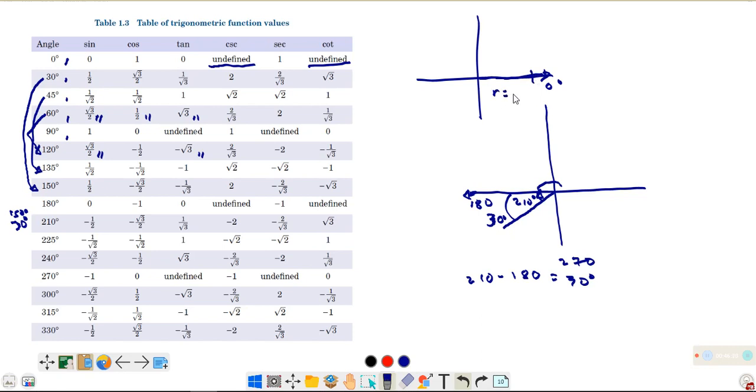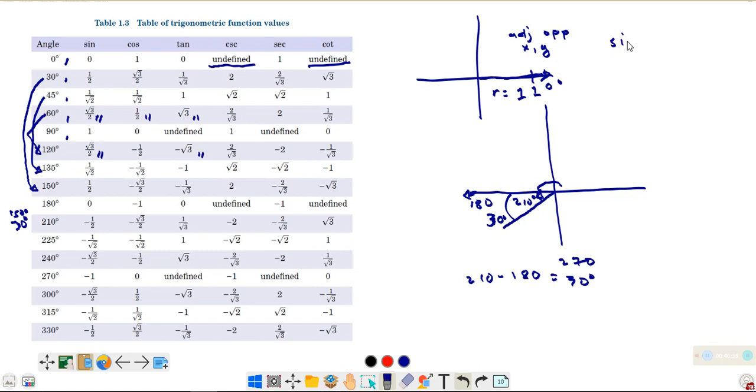If we are going to assume that your radius is equal to 1, then, magkakaroon ka ng x at y dito. Di ba ito yung x, kinoconsider natin as the adjacent. Tapos si y, kinoconsider natin as the opposite.